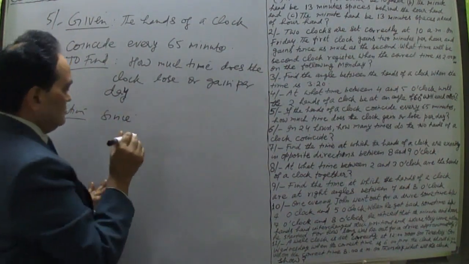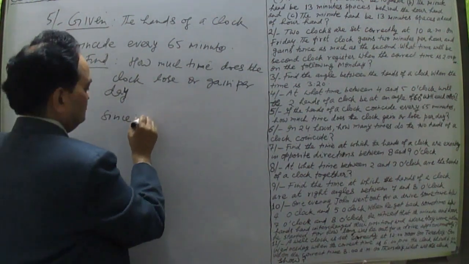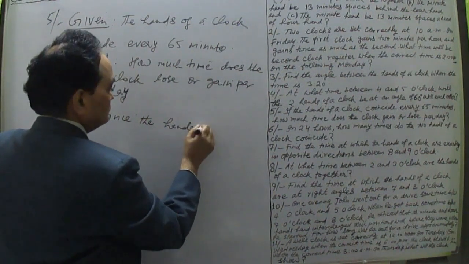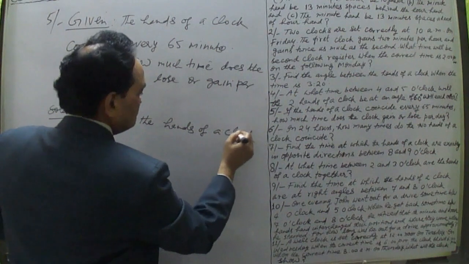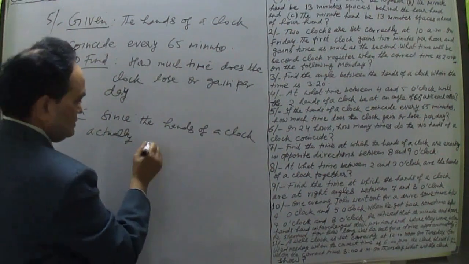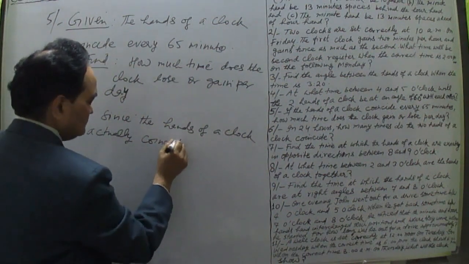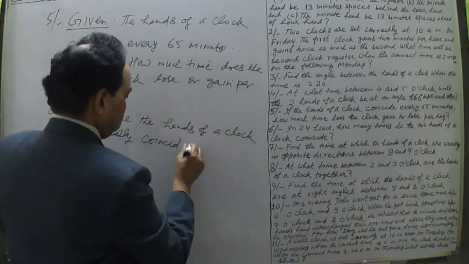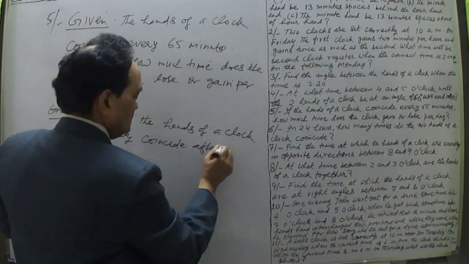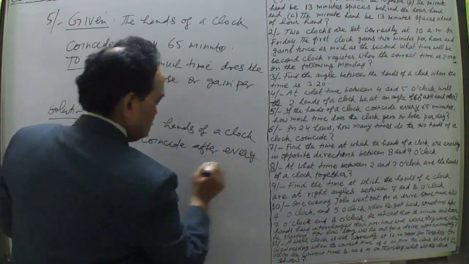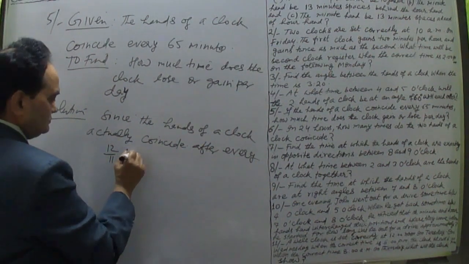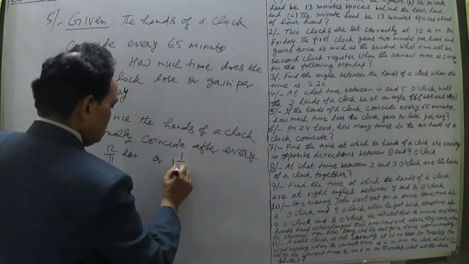Since the hands of a clock actually, or in real, coincide after every 12 upon 11 hours, or 1 and 1 upon 11 hours.